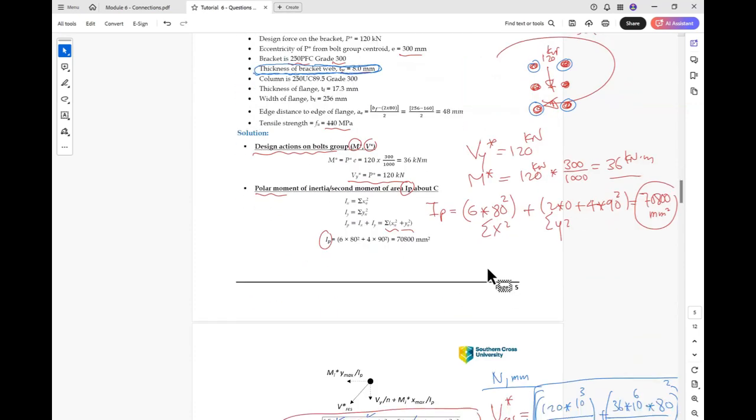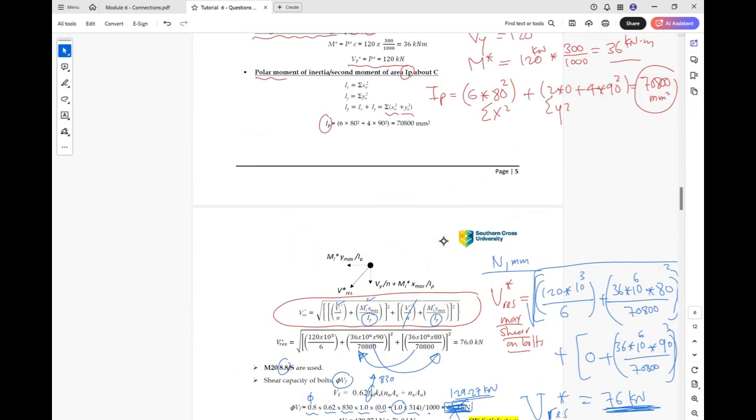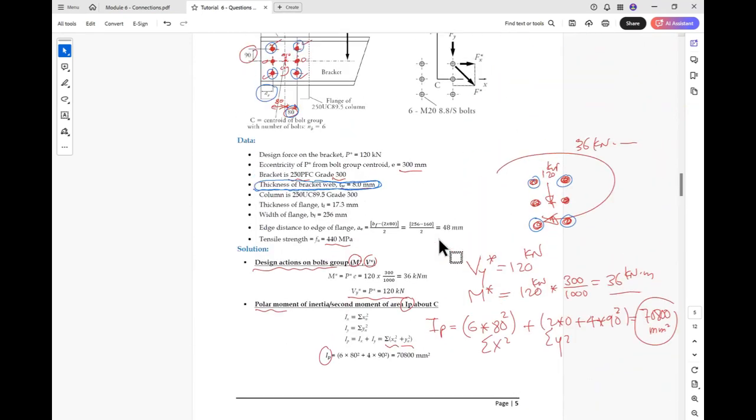AE for the web was 90. For the edge distance, we take the edge distance as 48 millimeter. How do we get this one here? We get B flange minus 2 times 80.